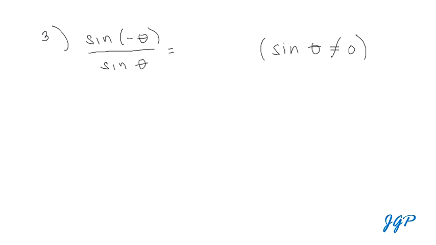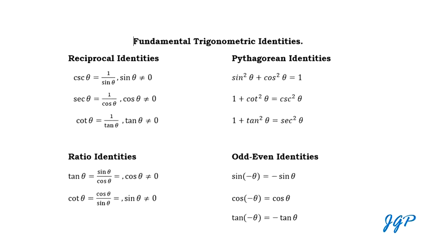Next. We have sine negative theta over sine theta is equal to blank. But, make sure sine theta should not equal to 0. So, let's go back to our identities. Sine negative theta, we have the odd-even identities. So, the identity we have is sine negative theta is equal to negative sine theta.